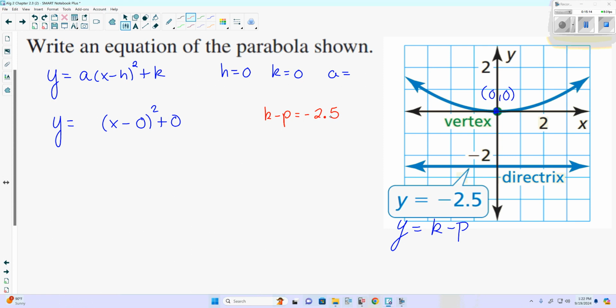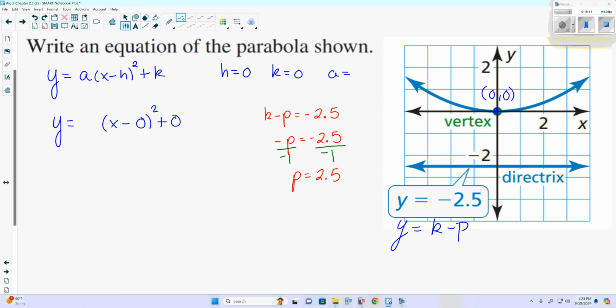Well, we know k is what? So really, we're just looking at negative p is equal to negative 2.5. At this point, we can multiply or divide by negative 1, telling us p is 2.5.